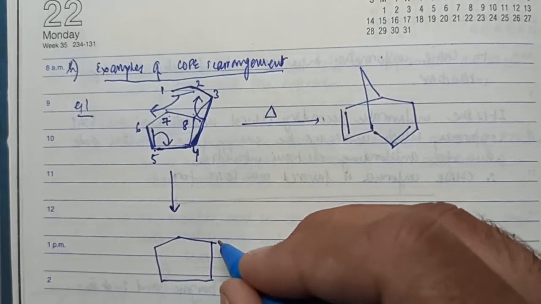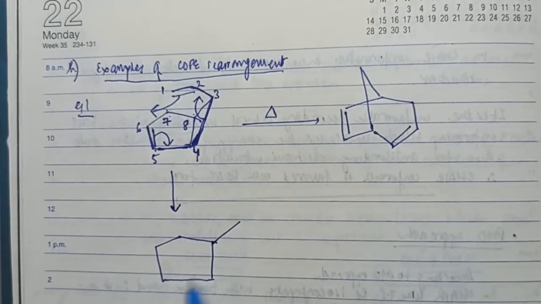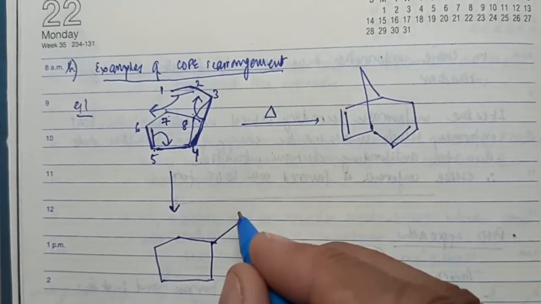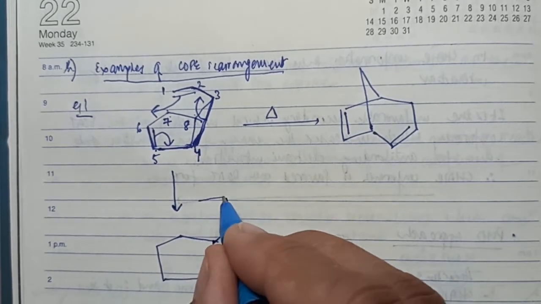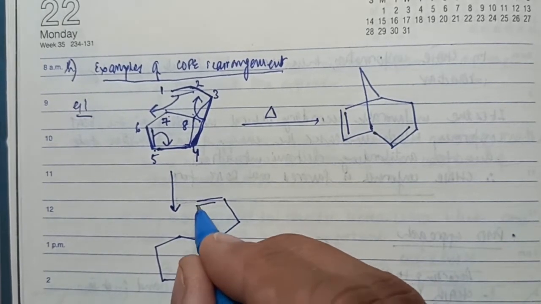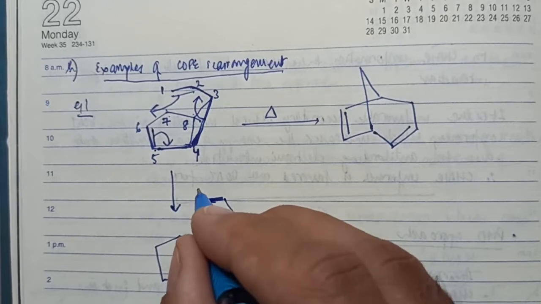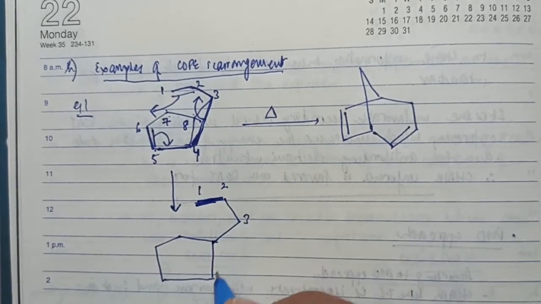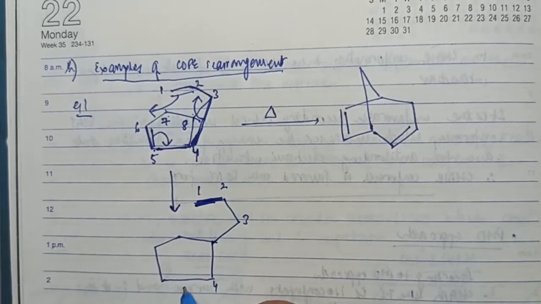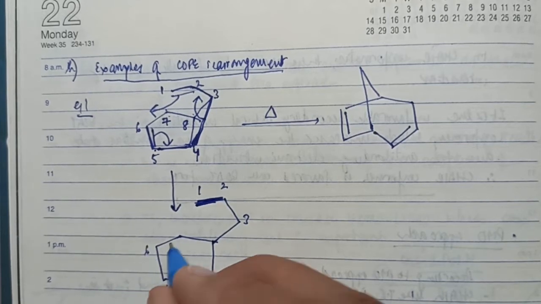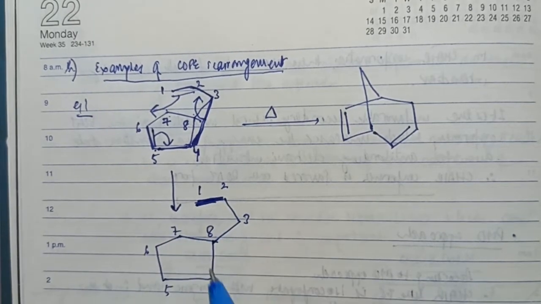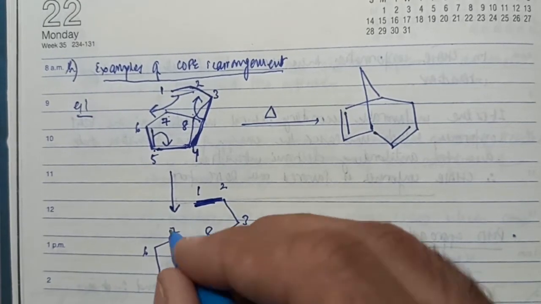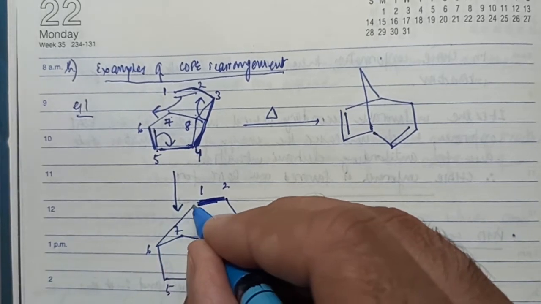Okay, the 3,4 bond has broken, so I'm not drawing this bond, and I'll retain the numbering wherever it was. This was 1, 2, 3, this one was 4, the 3,4 bond has broken, 5, 6, this is 7, and let's say this is 8. You know the 3,4 bond has broken and a bond between 1 and 6 is formed.